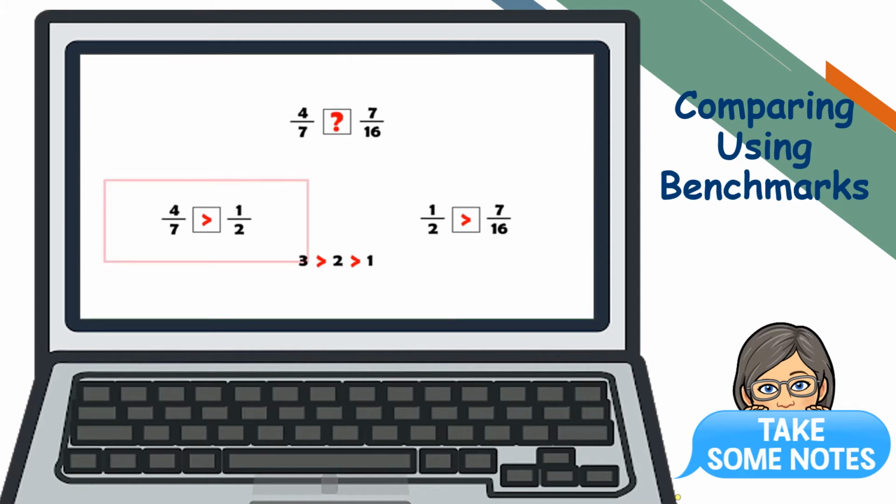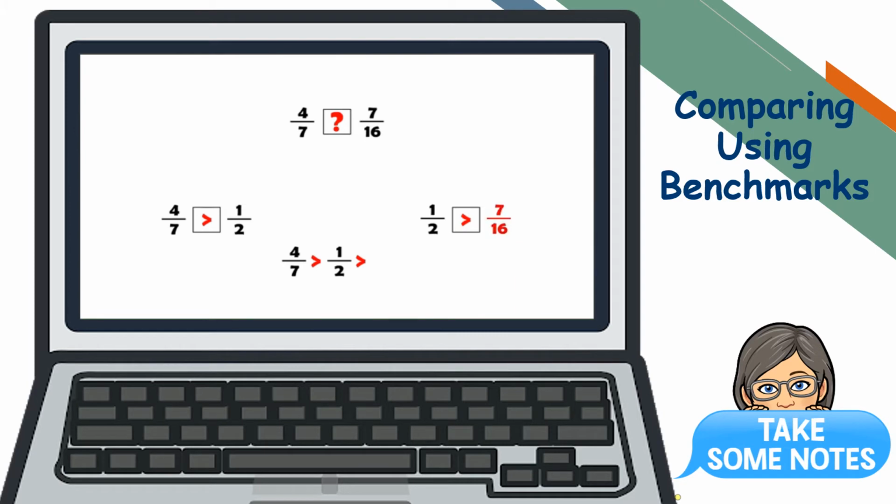So, we found out that 4/7 is greater than 1/2. You can write 4/7 followed by 1/2. And what about 7/16? We found out that 1/2 is greater than 7/16.